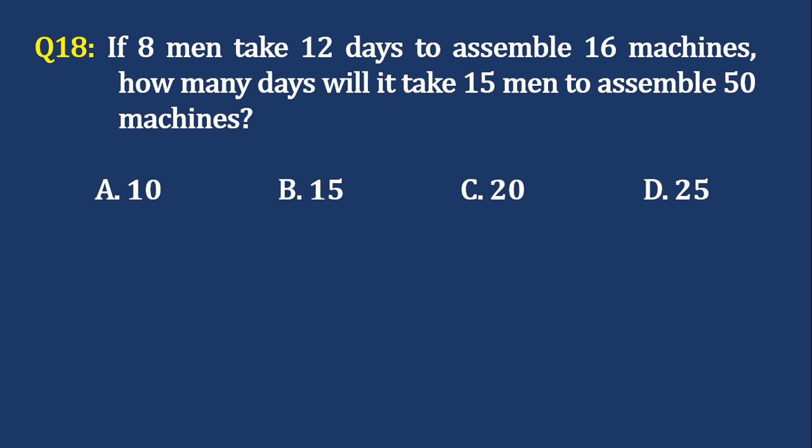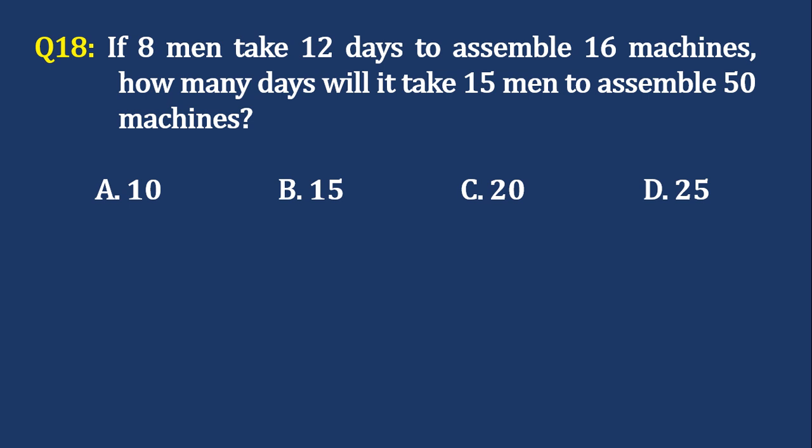Take note that there is an inverse relationship between the number of men and the number of days, while there is a direct relationship between the number of men and the number of machines made or assembled, right? Now, from that, we can create a mathematical equation based on the concept of direct and inverse variation.